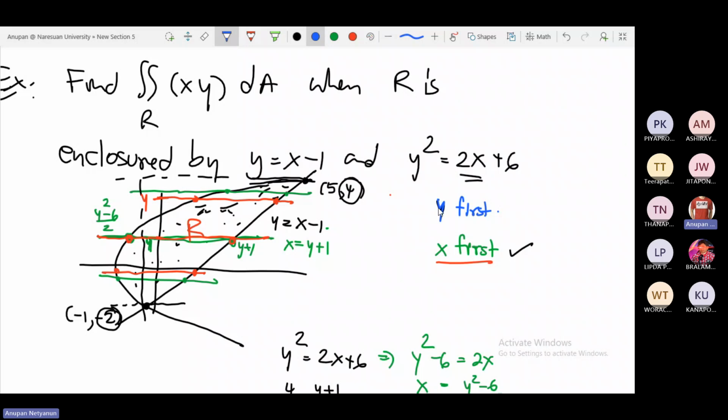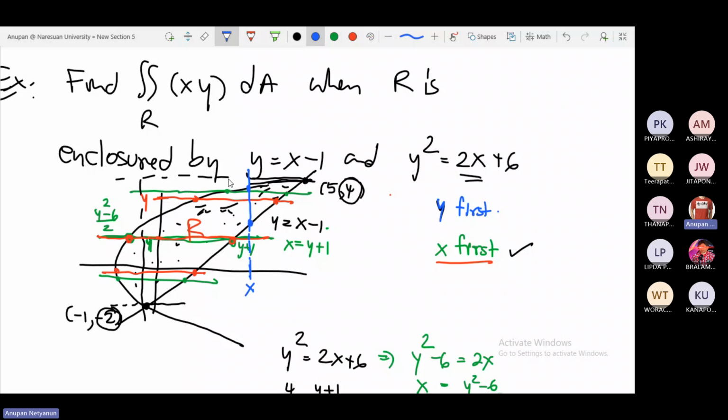When you integrate with respect to y first, your x is a constant. So I look at any particular constant x and draw the vertical line to intersect the region. You can see that the point on top comes from the parabola, and the point on the bottom comes from the line.